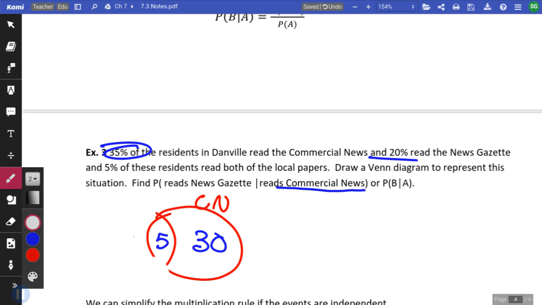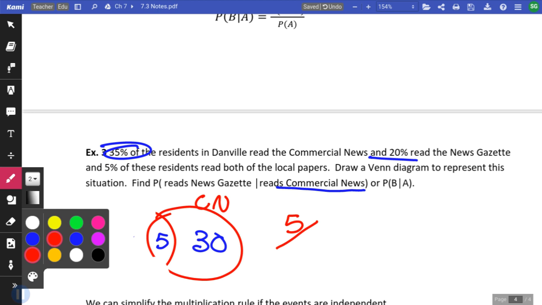How many people in that circle read the News Gazette? 5 of them, out of 35. Five out of the 35% read the News Gazette given that they already read the commercial news.